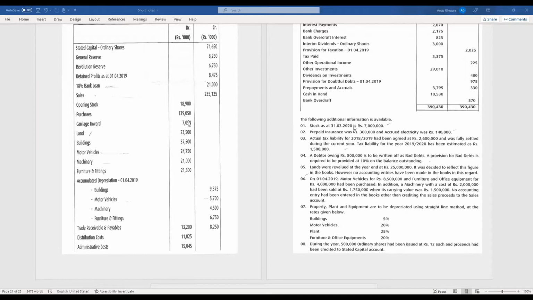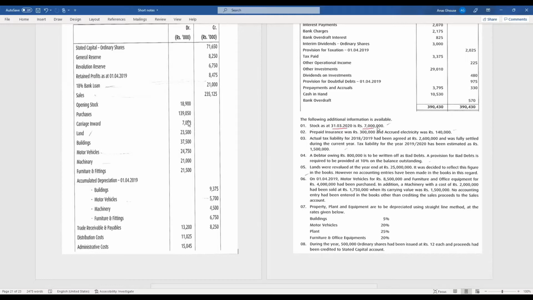Now let's move on to the additional information section, and we'll deal with each and every item separately. First, stock as at 31st March 2020 is given as 7 million.